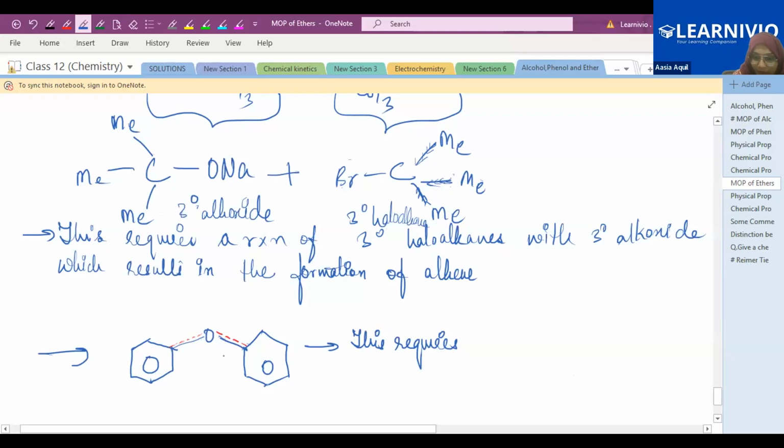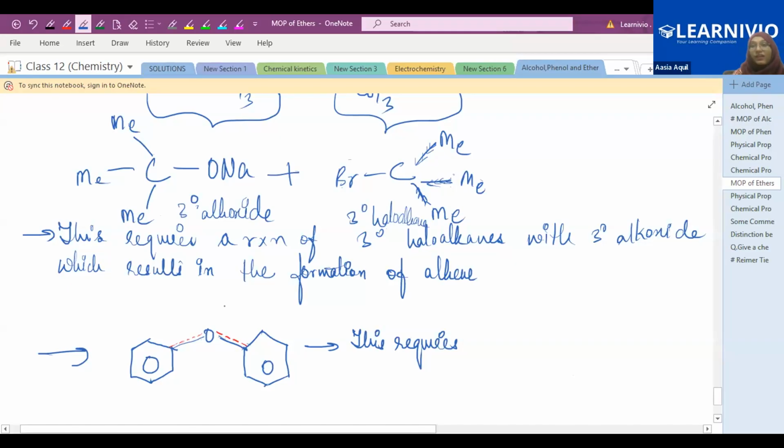If this bond breaks, you will attach the halogen atom over there. So this will be one benzene ring forming the haloarene, and the second one is this benzene ring with this oxygen, where you will attach Na. So if you prepare this using Williamson ether synthesis, the reactants should be sodium phenoxide plus the haloarene.